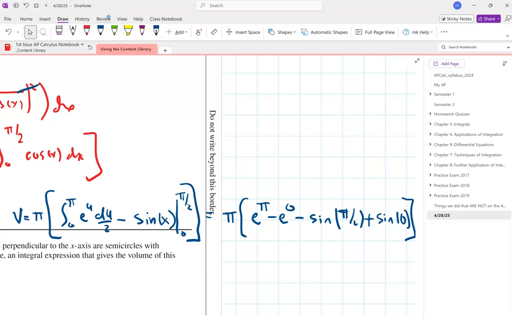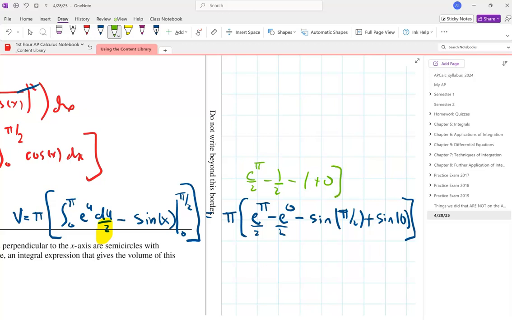Oh my gosh. Over 2. Because I have that still. All right. So when I do that, this is going to be, again, you could probably stop here. I would suspect that would be fine. But, you know, sine of 1/2 is 1.